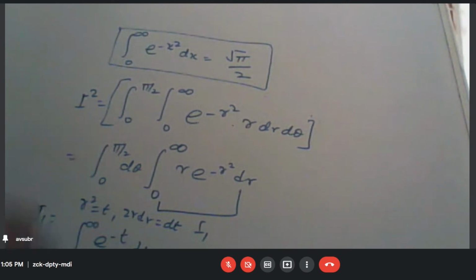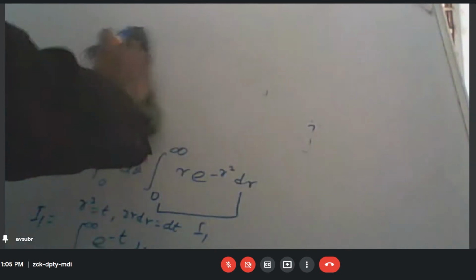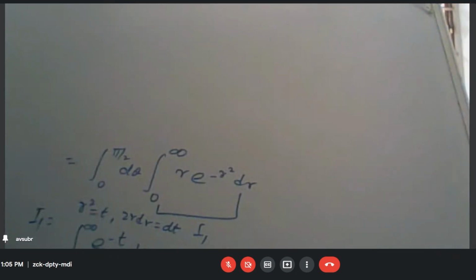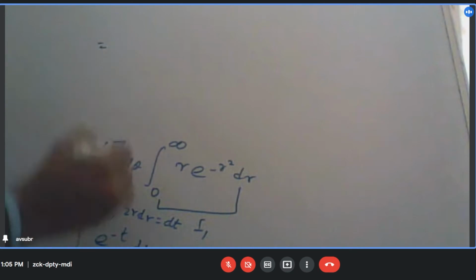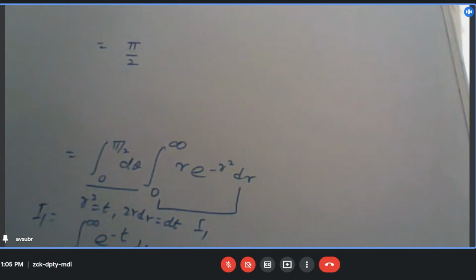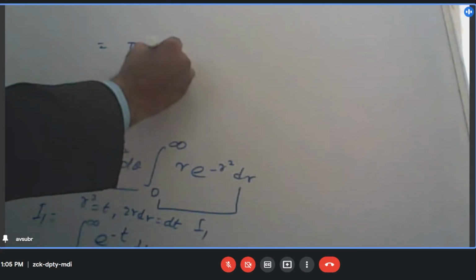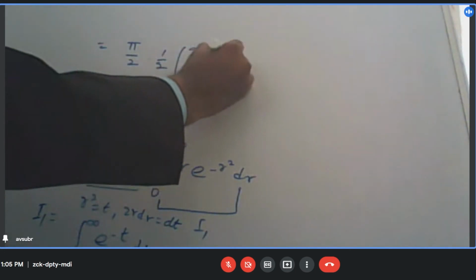All right. So now if I integrate it, what will I get? Simply pi by 2, okay? Multiplied by 1 by 2, 0 to infinity e to the power minus t dt.